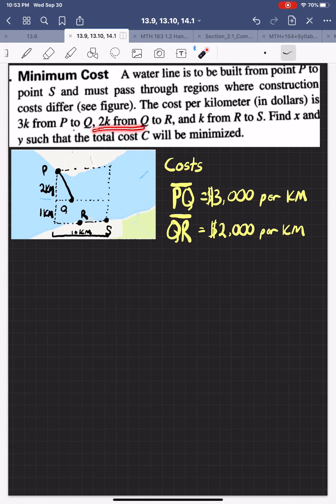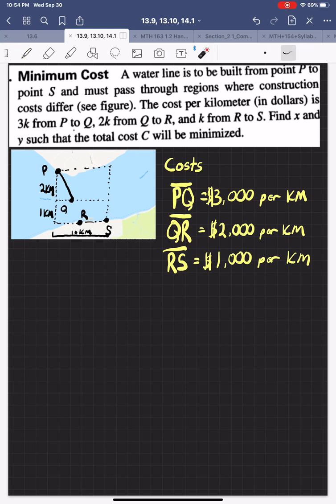So $2,000 from Q to R, and $1,000 from R to S. Once you've reached here, you can operate from there to the point S, and it's going to be $1,000 per kilometer. So R to S equals $1,000 per kilometer.